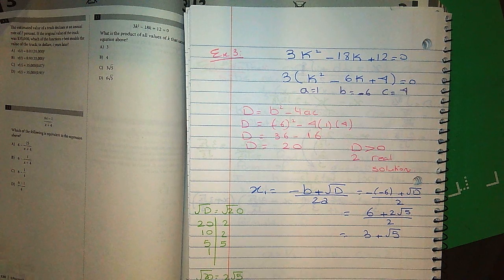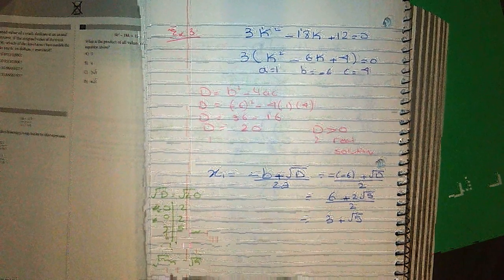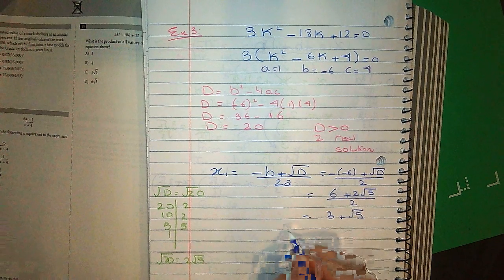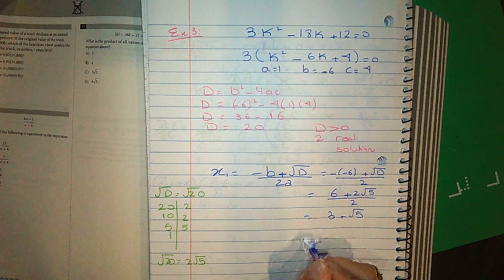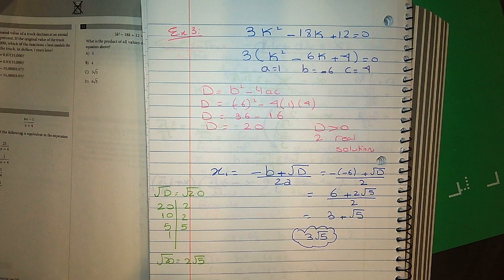And then it says, what is the product of all the values of k? That would be 3 square root of 5 as the answer.